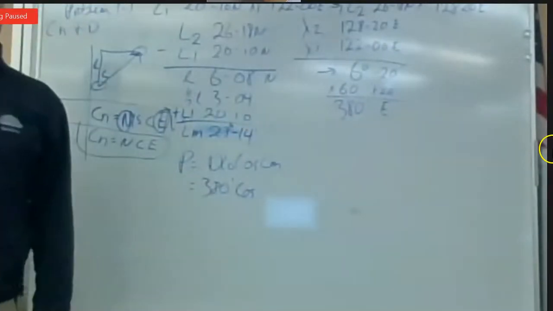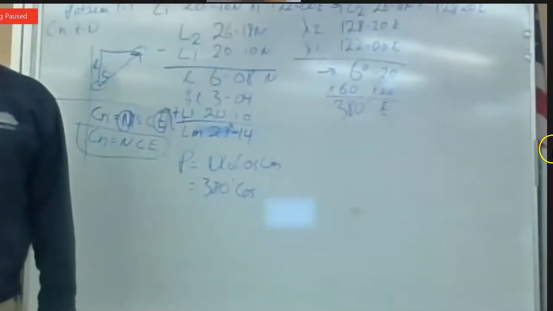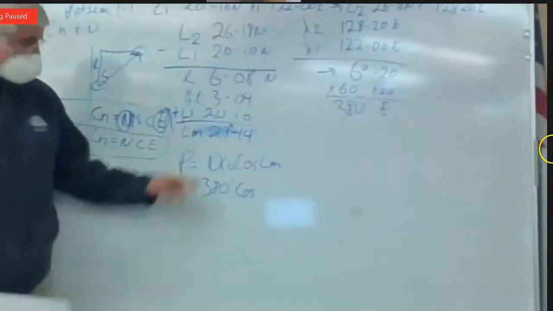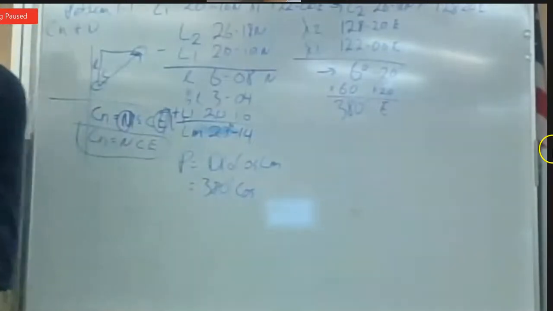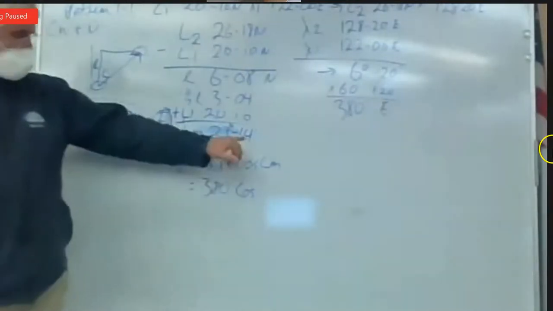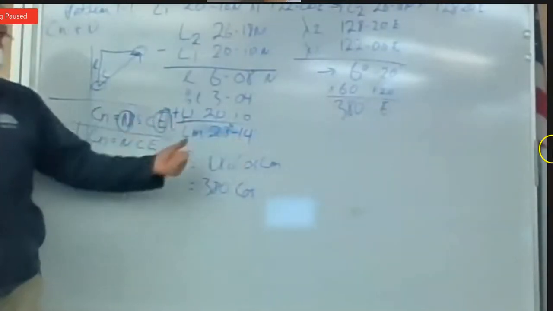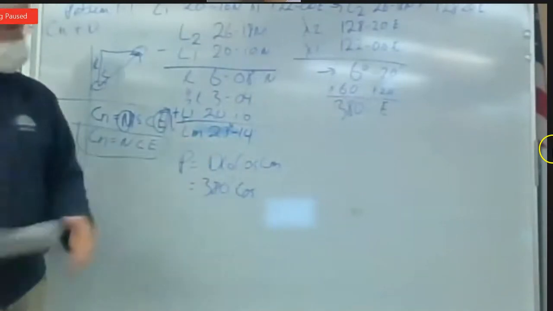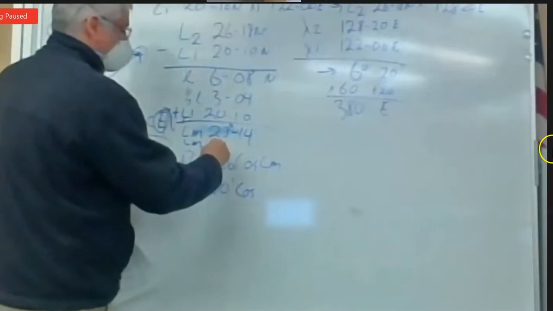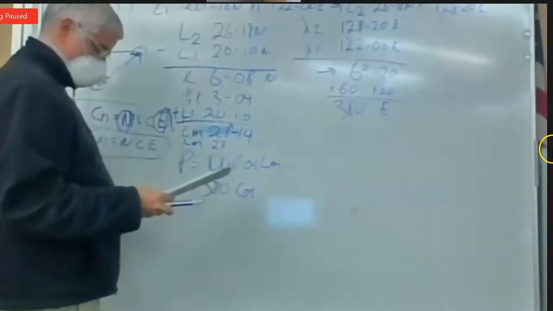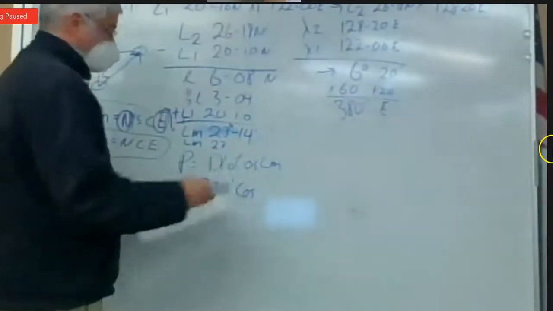So now you're going to do some division by 60. Am I going to divide 23 by 60 or 14 by 60? The minutes. If you're going to multiply, you multiply the degrees times 60. So when I do that, LM equals 23.2333.